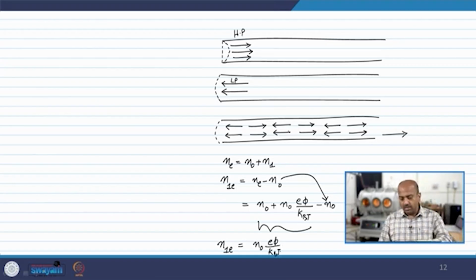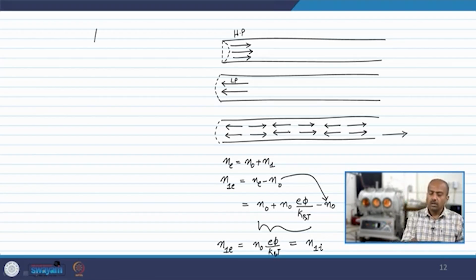Now, interestingly, we see that the perturbed electron density is a function of this potential phi. Let us say we say that N1e, because we said perturbation in electron density is equal to the perturbation in ion density, so we make it equal to N1i.